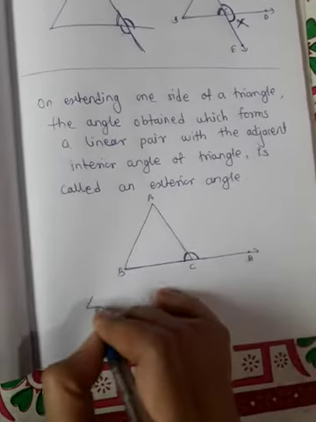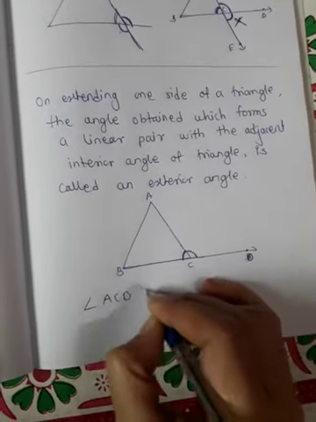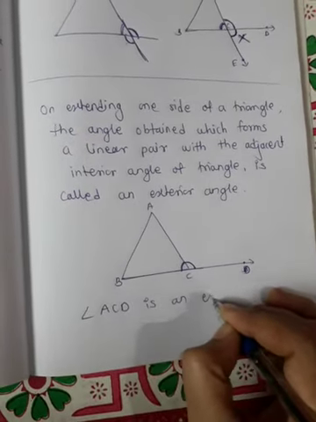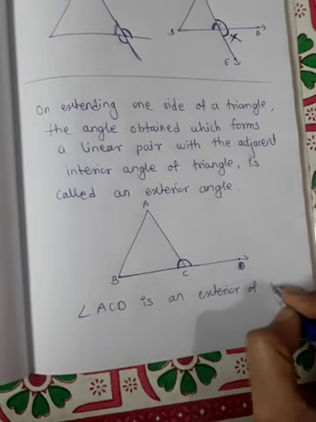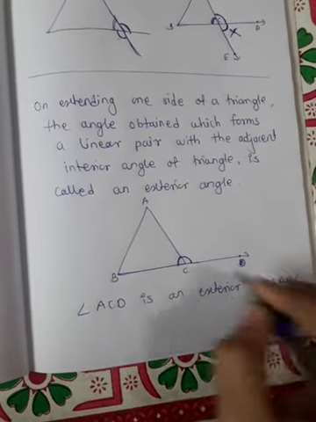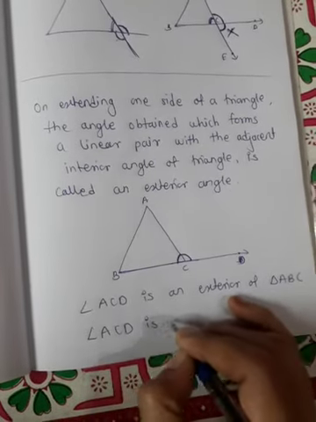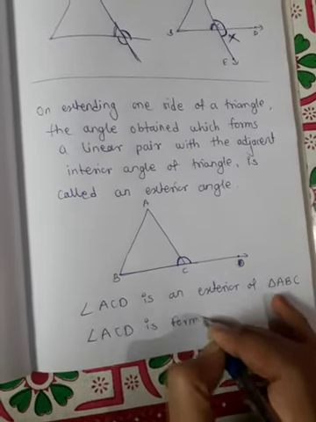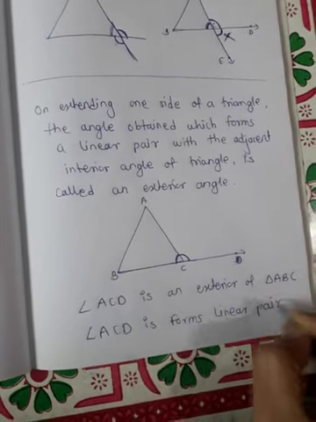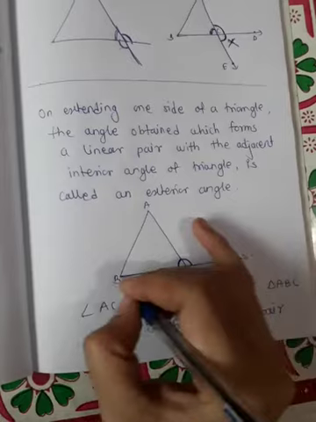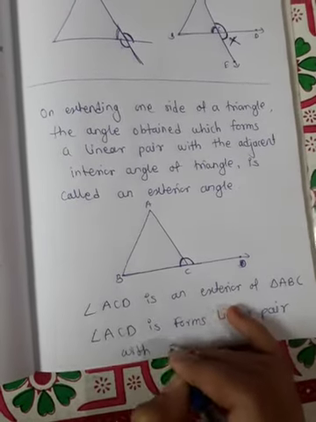So here angle ACD is an exterior angle of triangle ABC, and angle ACD forms a linear pair with its adjacent interior angle ACB.